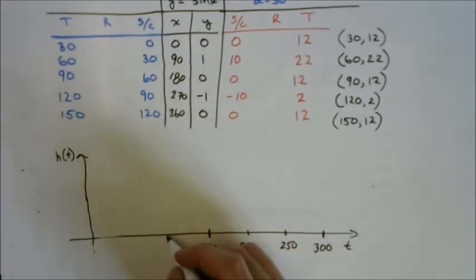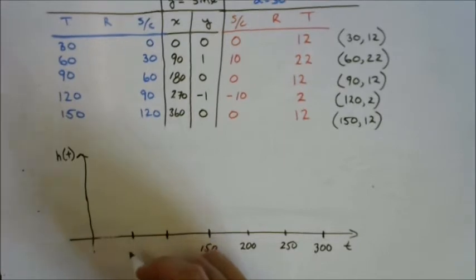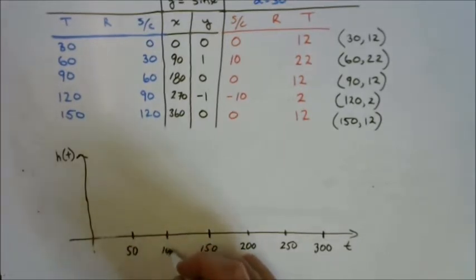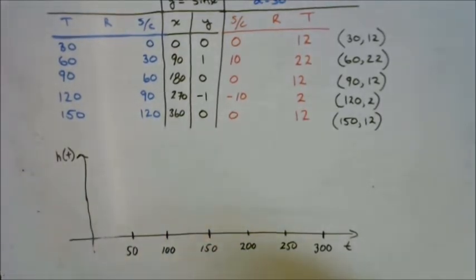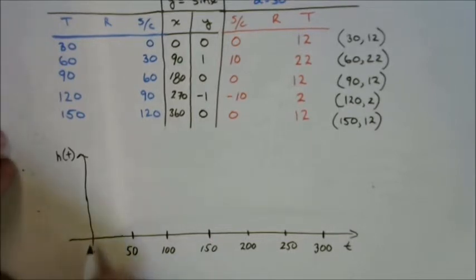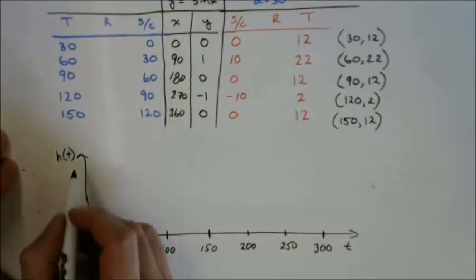So split yours however it seems to make the most sense to you. And then we can plot our points. So we need a height scale as well, from 0 to 30.